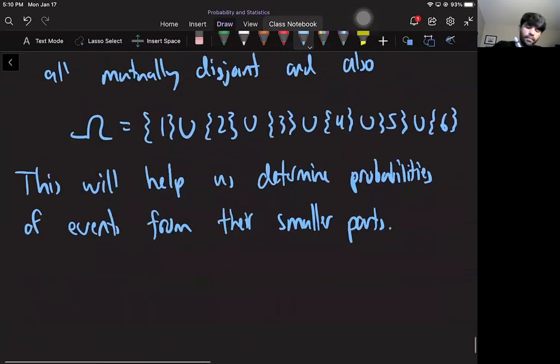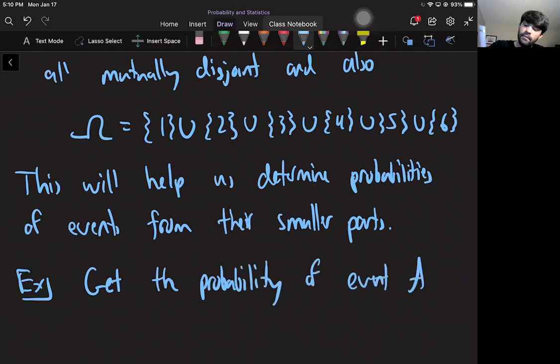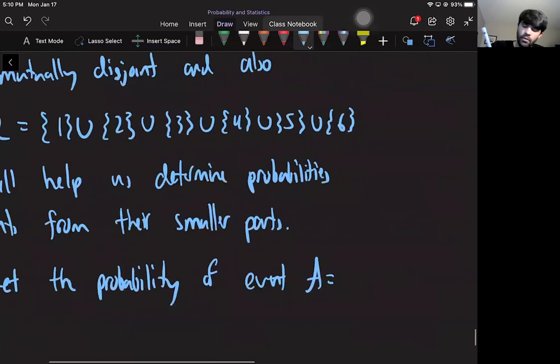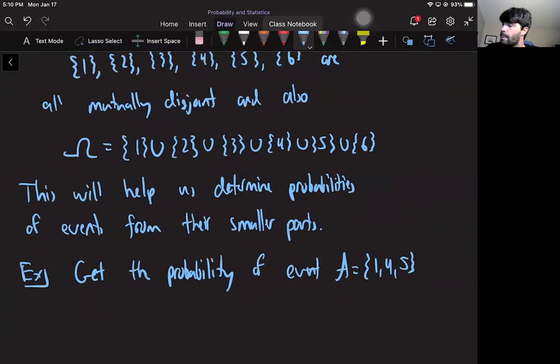For example, if you want to roll a dice and ask about probability, you might say, what's the probability of event A happening, where A is rolling a 1, 4, or 5? So we'll be doing this next time, getting the probability of this occurring.